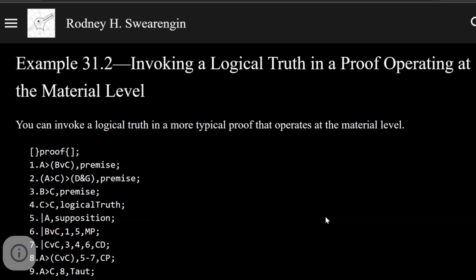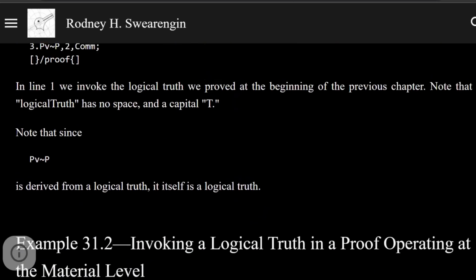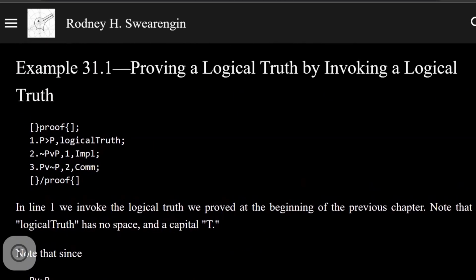Logic 0, example 31.2, invoking a logical truth in a proof operating at the material level. Proofs operating at the material level have the variables A, B, C, D, etc. Logical truths operate at the level of logic in the way that I've used that phrasing.